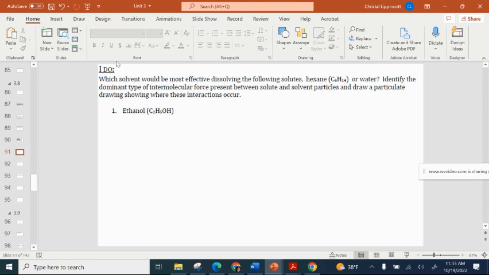All right. Which solvent would be most effective in dissolving the following solutes, hexane or water? Identify the dominant intermolecular forces and draw the particulate diagram showing this. Okay, so ethanol is going to be drawn like this.